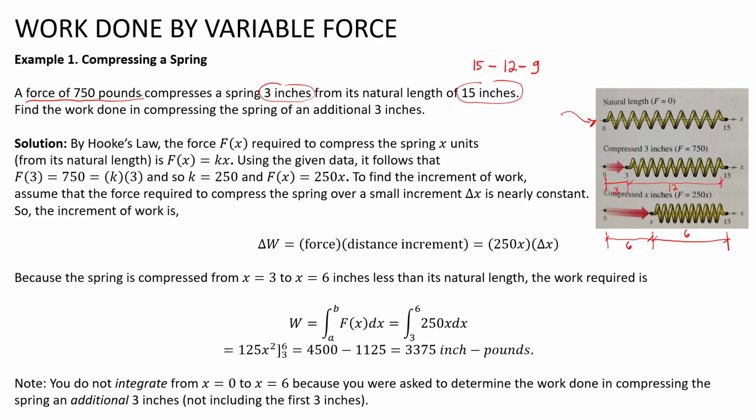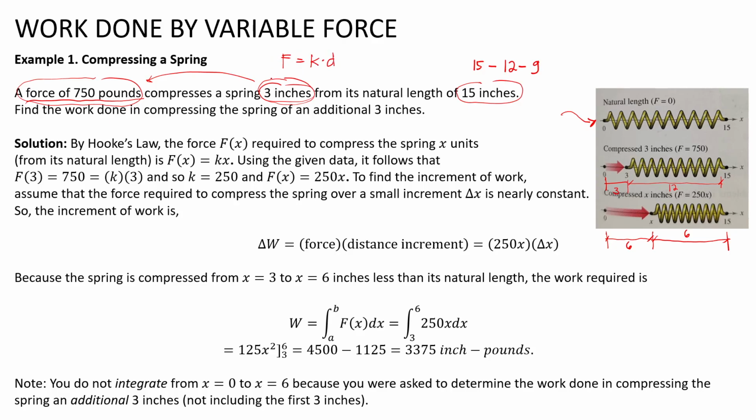Again, since we are given the 750 pound force, we are expected to solve first for the spring constant, because the spring is compressed by 3 inches through the 750 pound force. With this, we can solve the spring constant through the formula: force equals the spring constant times the distance.